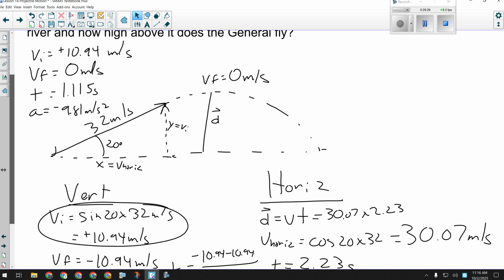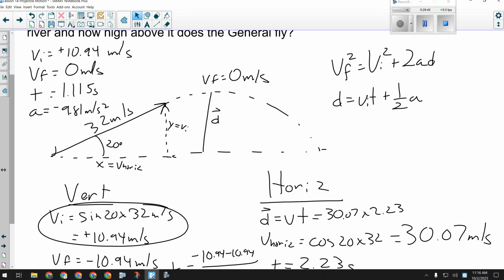In fact, I have so much information there that there's more than one way to do it. I could use this formula or this one. I have enough information to use either one.